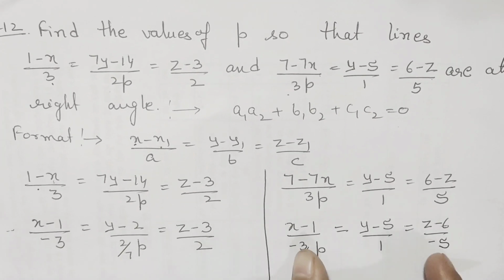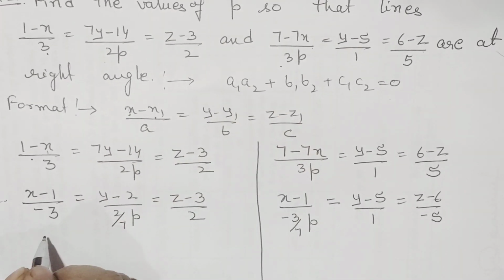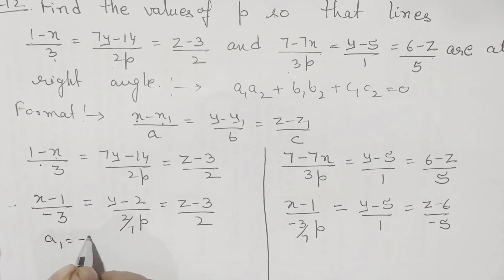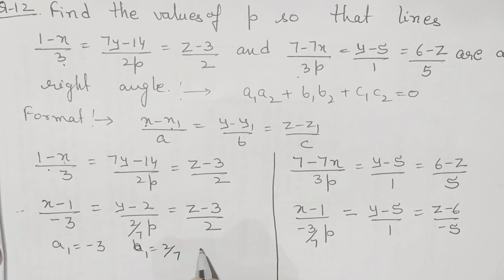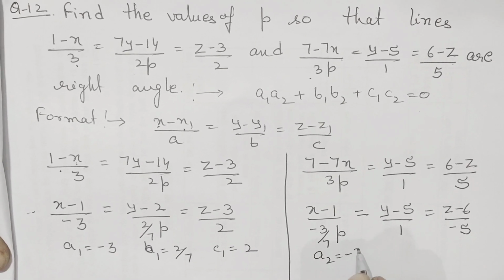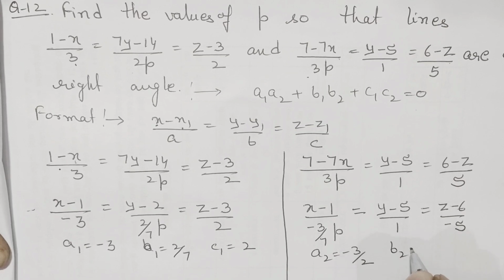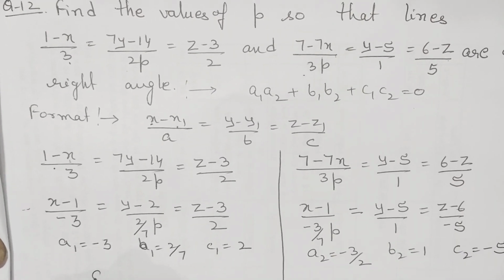Now these two equations are in the proper format. When we compare, the value of a1 is minus 3, b1 is 2 by 7p, c1 is 2, a2 is minus 3 by 7p, b2 is 1, c2 is minus 5.